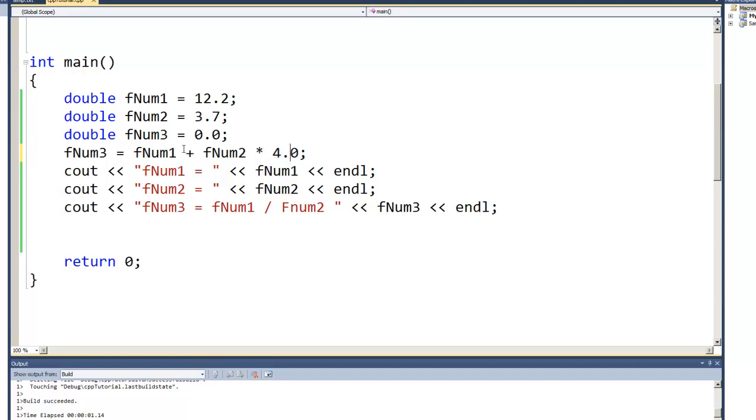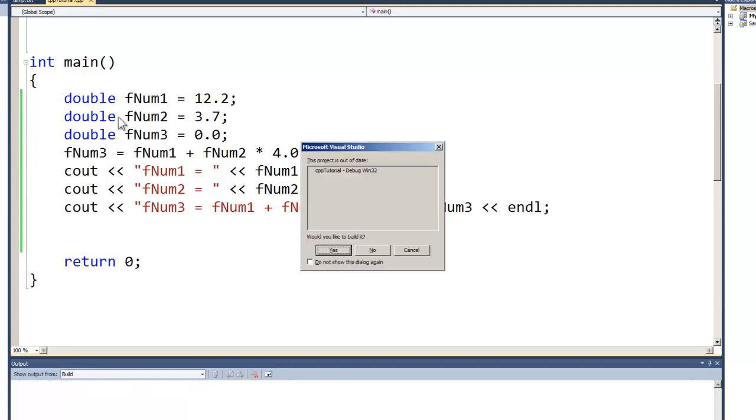And if you remember, it does multiplication and division first, then addition and subtraction. So it should be multiplying fnum2 by 4, the 3.7 times 4, and then taking that and adding it to the 12 something. So that's what we should get this time. Let's run it.